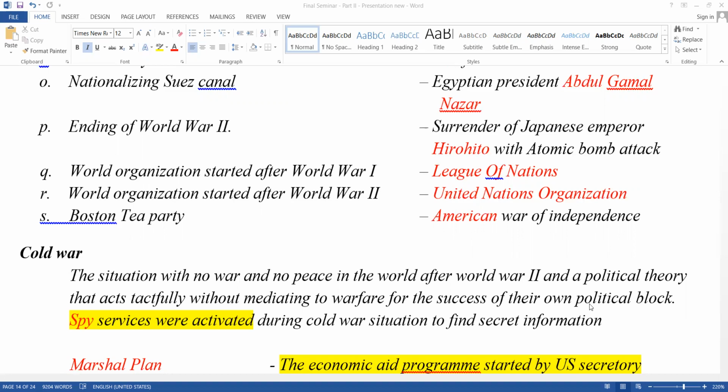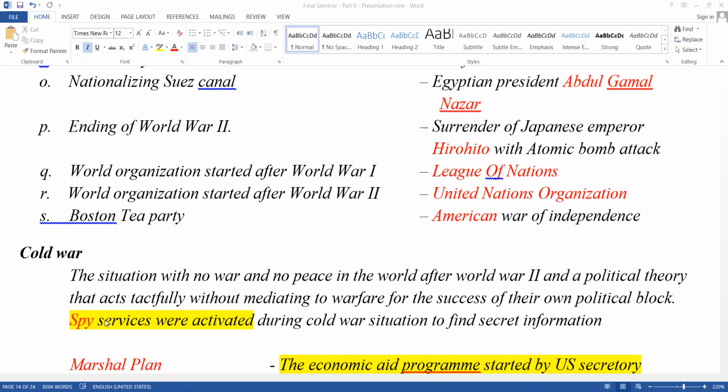The American camp was known as the capitalist camp and the Russian camp as the socialist camp. In between these two camps, there was no war but no peace. They wanted to fight each other, but the war didn't come. One of the main features during that time was that spy services were activated. What are spy services? Finding secret information on each other's camp.